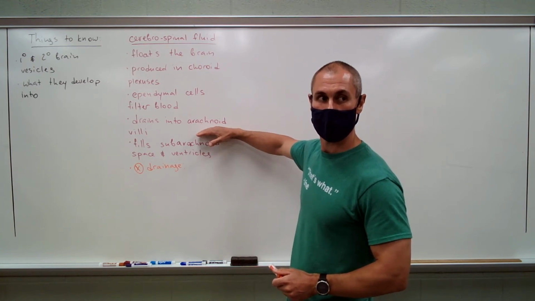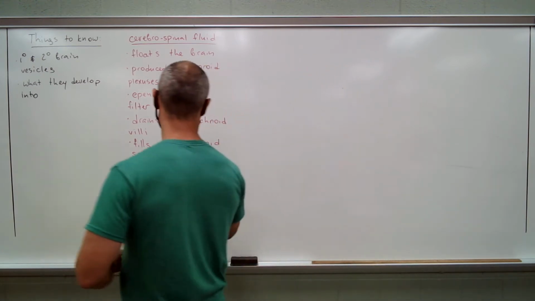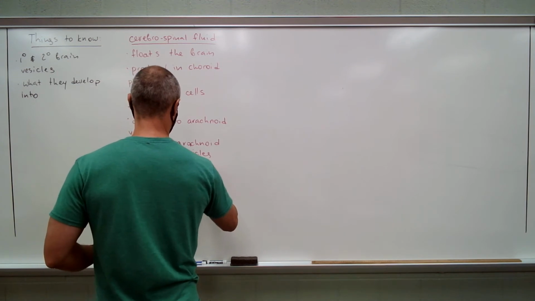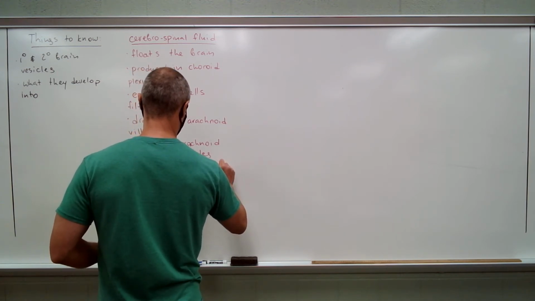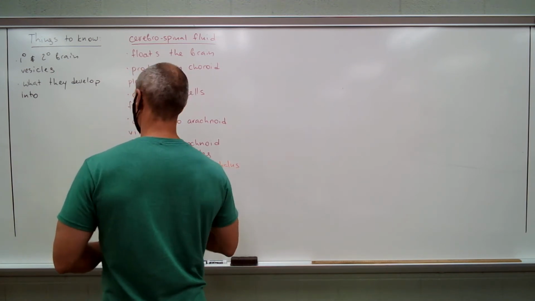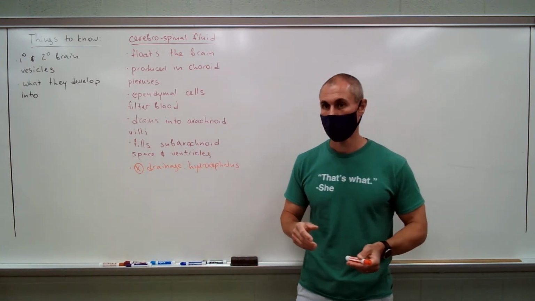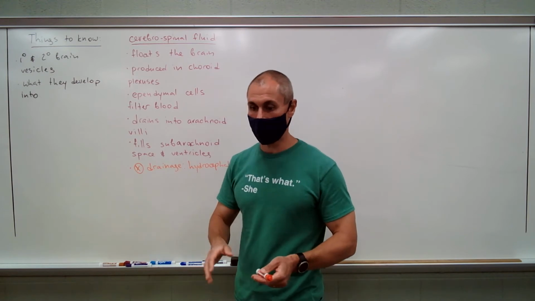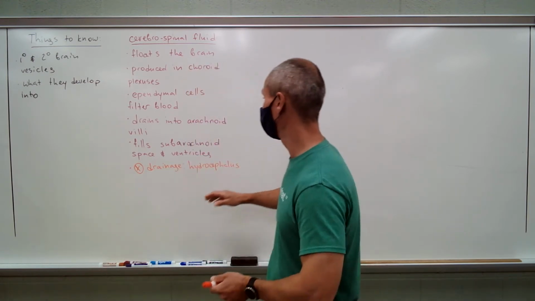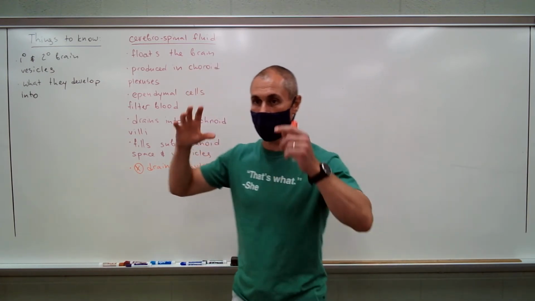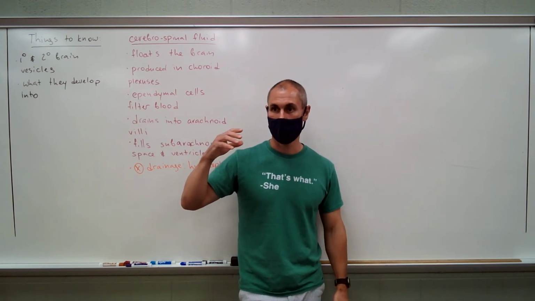Does that make sense? It results in a condition known as hydrocephalus. So your cerebrospinal fluid accumulates in all parts, in ventricles, in subarachnoid space, and compresses the brain, okay?